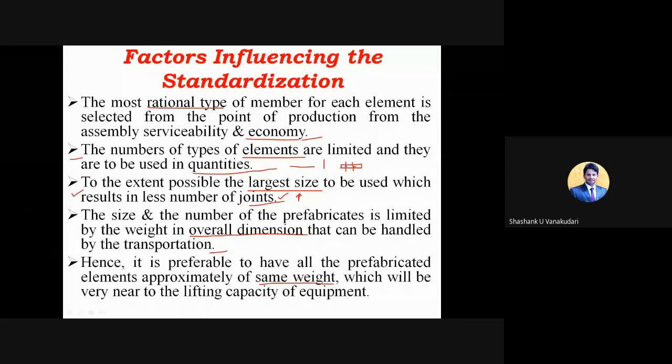Even this is considered, not only with respect to the dimensions, but also with respect to the weight, we need to handle it properly, which will be very near to the lifting capacity of the equipment. Again we need to decide how much weight we are going to provide. That again depends upon the type of equipment available, especially the cranes.